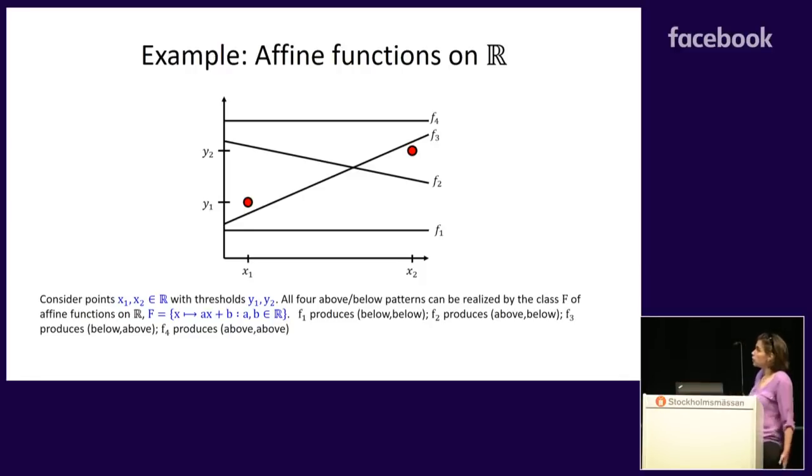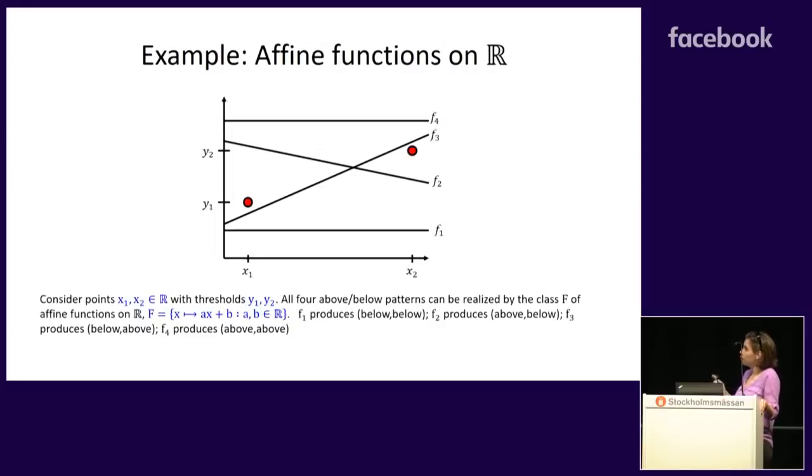And then there are also these other 3 functions, f2 that achieves the above-below pattern, f3 that achieves the below-above pattern, and f4 that achieves the above-above pattern. So this is another pictorial example of 2 points that can be shattered in a real value sense by affine functions over the real line. And you can show that no 3 points can be shattered, so the pseudo-dimension of affine functions will be, in this case, 2.